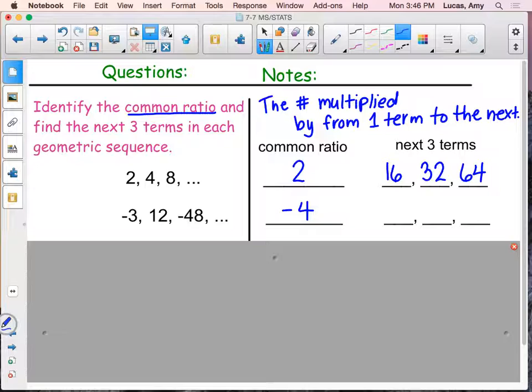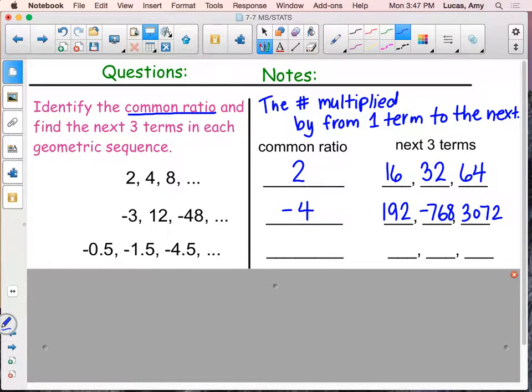So if I continue to multiply by negative 4 each time, negative 48 times negative 4 is 192. If I multiply that by negative 4, I get negative 768. And multiply that by negative 4, I get 3,072. Calculator can come in handy on this lesson.